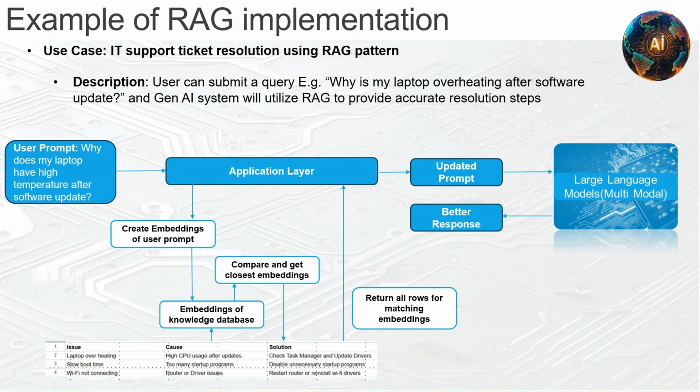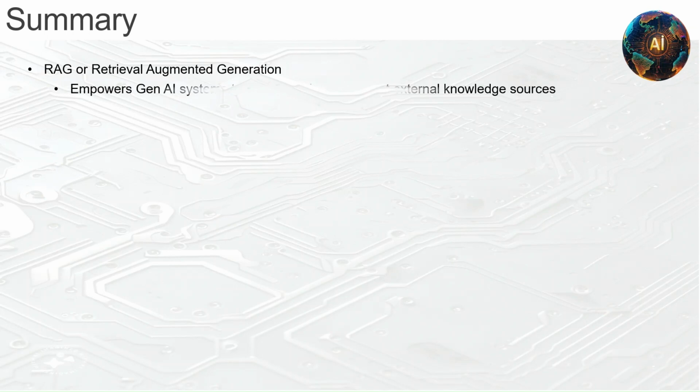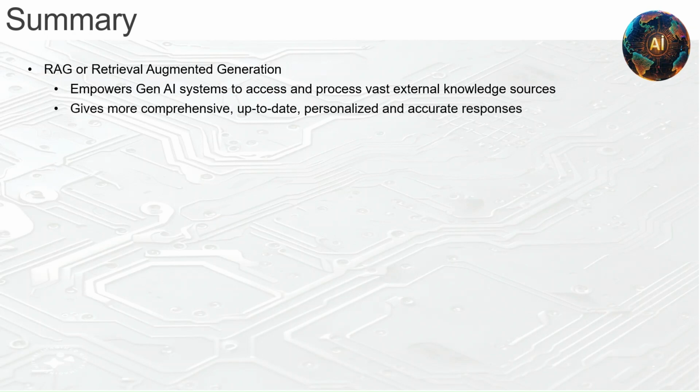With this, I think you have a good grasp on how similarity search and embeddings work in a RAG pattern. So, to summarize retrieval augmented generation, there are several advantages of the RAG pattern. RAG empowers GenAI systems to access and process vast external knowledge sources, and this helps us to get more comprehensive, up to date, personalized, and accurate responses.